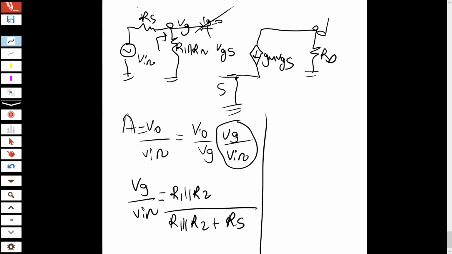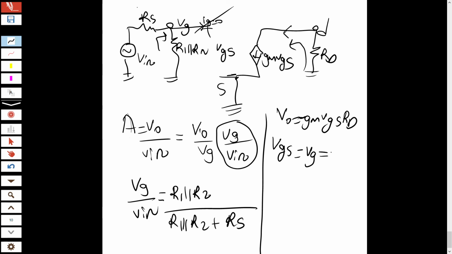So V output equals minus GM VGS times RD, minus because current comes through here from ground. So VGS equals V gate, because the source is grounded.